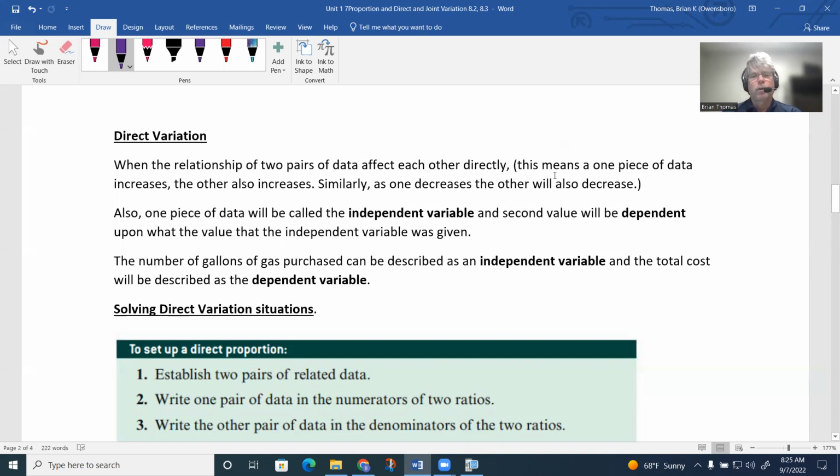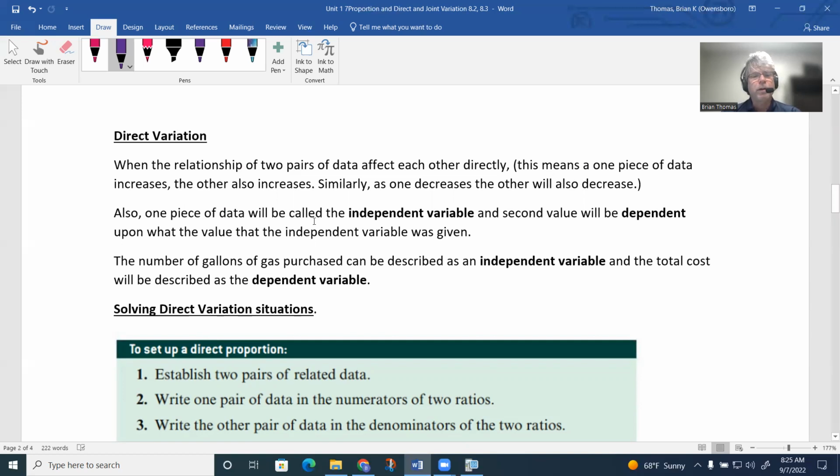One of the things we see on this is, if my number of hours increase at work, then my salary is directly impacted by that. So my salary increases. That would be an example of a direct variation.